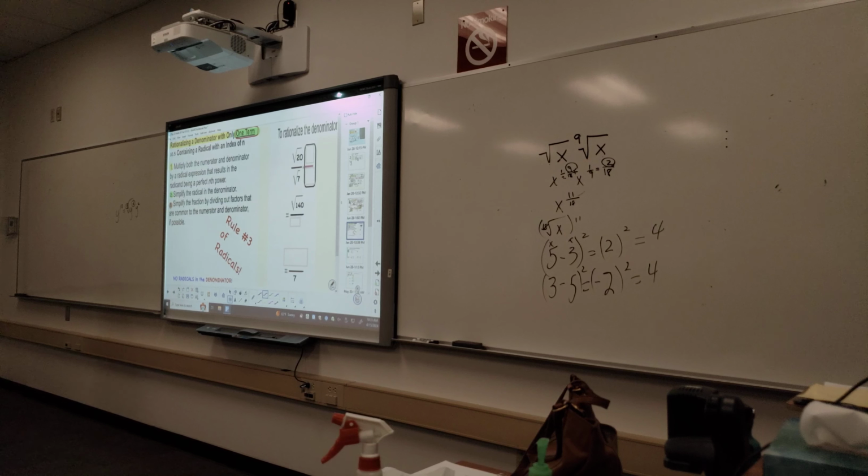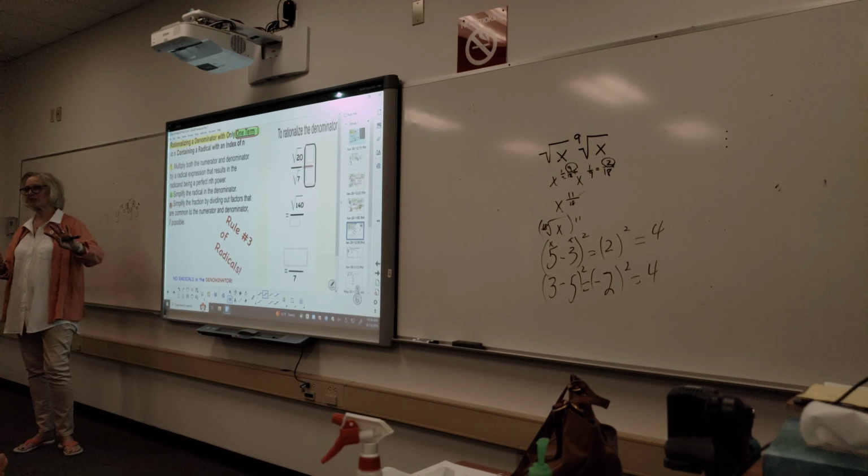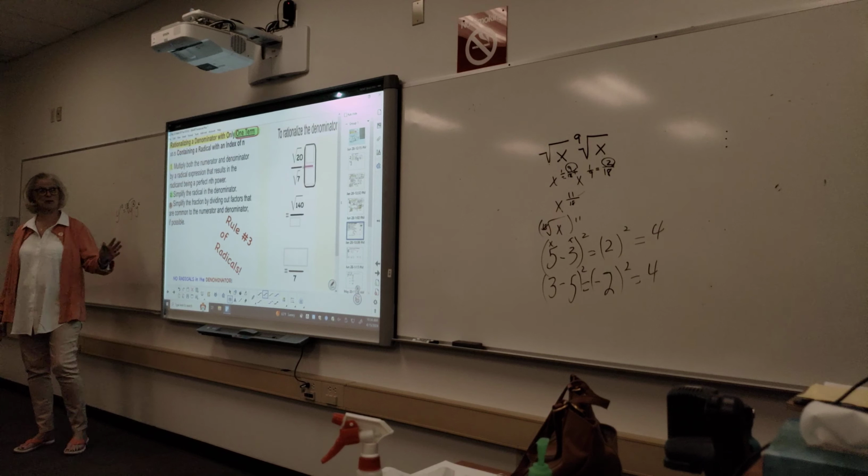Keep going. Rule 3. You're good. Everybody there? Keep going. I just didn't want to do 15 problems and then we run out of time and then you got to stay after to do your quiz. So I just skipped those extra practice, but I'll be happy to stay after if you want to do them together.